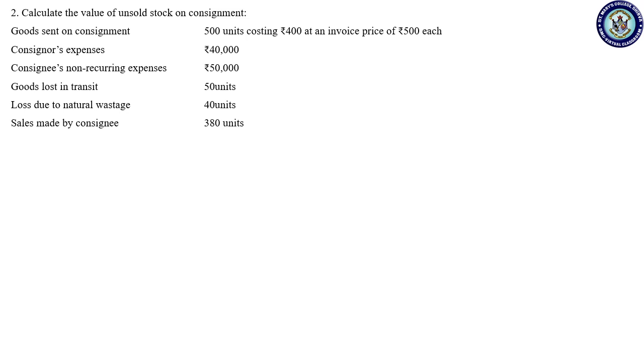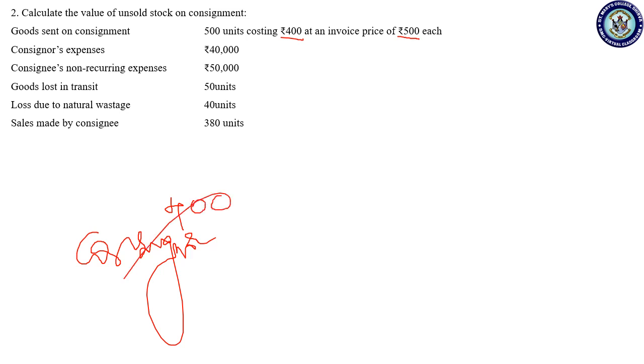Goods sent on consignment 500 units costing rupees 400 at an invoice price of rupees 500. Now the actual cost is 400, but he consigned at the price of 500. Listen carefully. The consignor incurred 400 rupees to manufacture 1 unit.